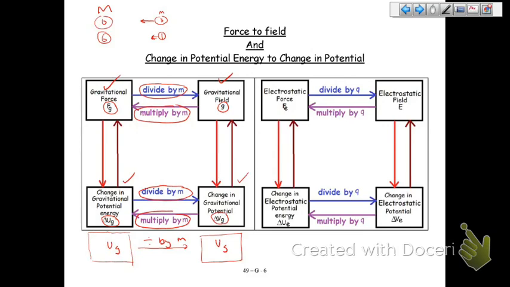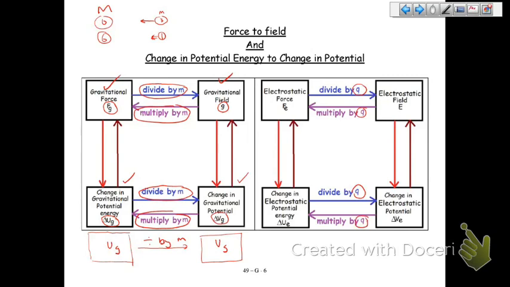So you want to go from electrostatic force to electrostatic field, divide by Q. You want to go from electric field to electric force, multiply by whatever Q you put in there. You want to go from change in electrostatic potential energy to change in electrostatic potential, divide by Q. You want to go from change in electrostatic potential to change in electrostatic potential energy, multiply by the little q.